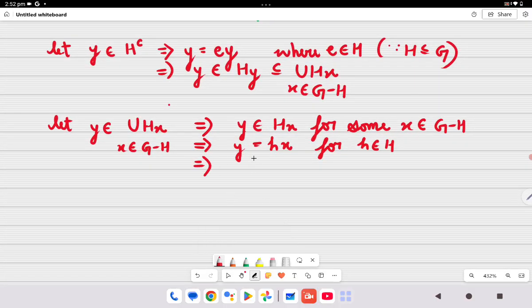So it implies, okay, now h inverse Y is X. So this element h inverse Y equal to X will belong to H if I had taken Y in H, because h inverse is already in H and Y is also in H, so this X would have to be in H, right?